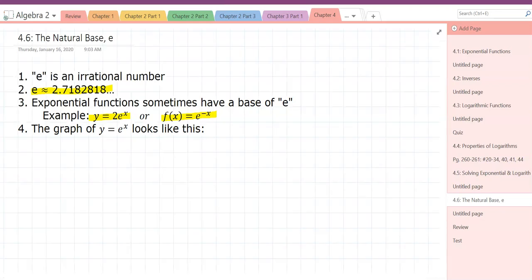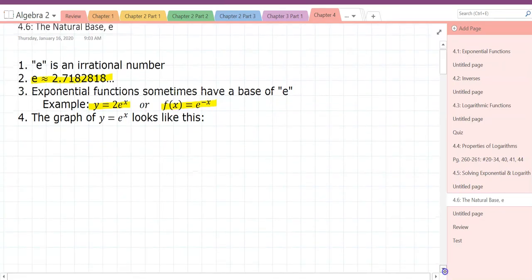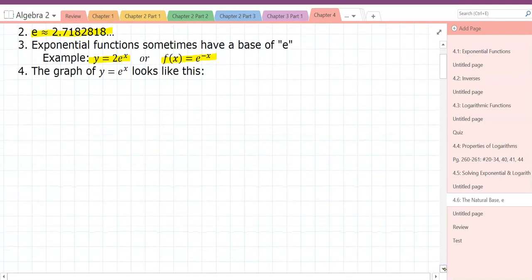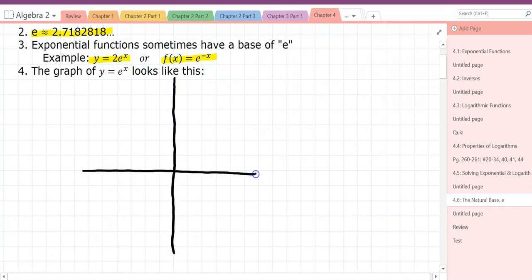The general graph of a function like y equals e raised to the x power looks like this. So e, remember, is about 2.7. So I'd be about there.